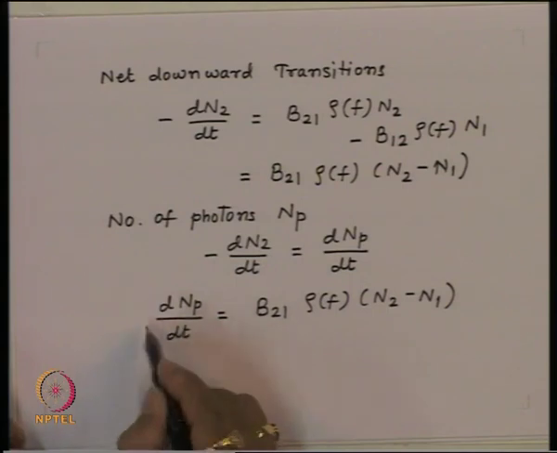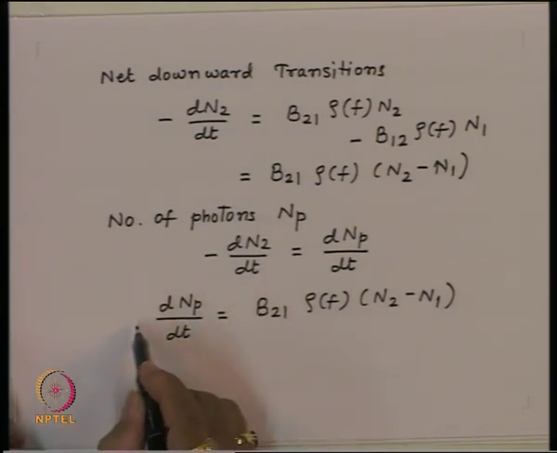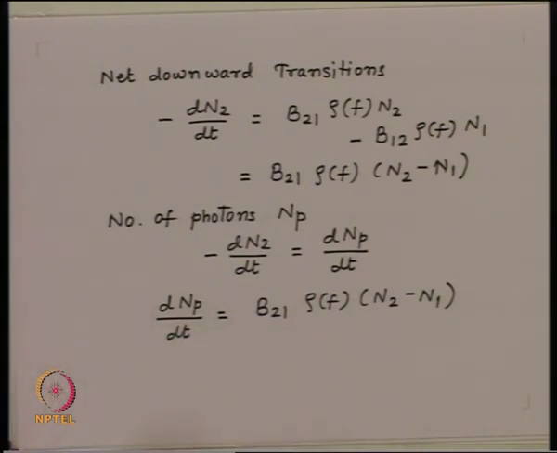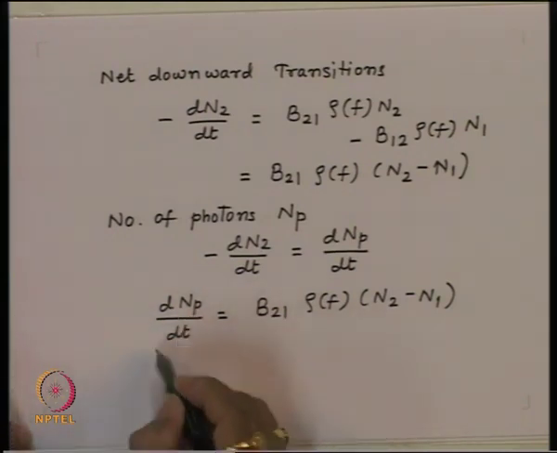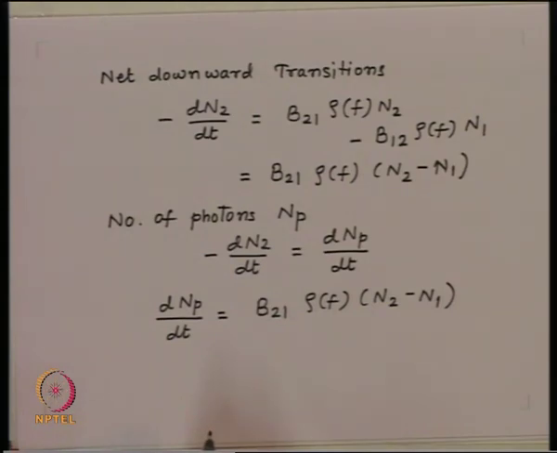If I multiply this quantity by the energy of photons, which is h into f, then this quantity essentially will tell us the energy per unit time in the form of photons.